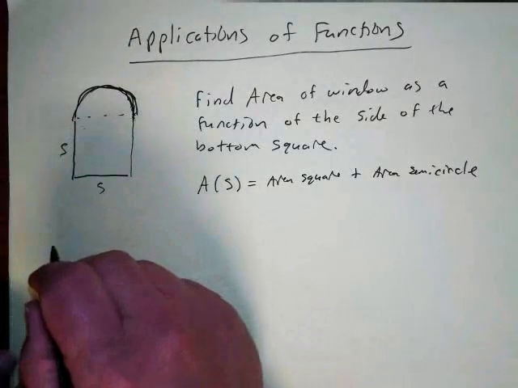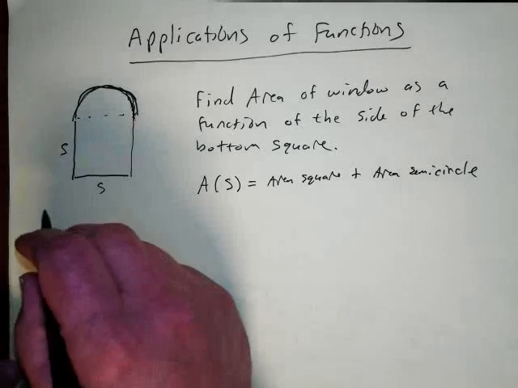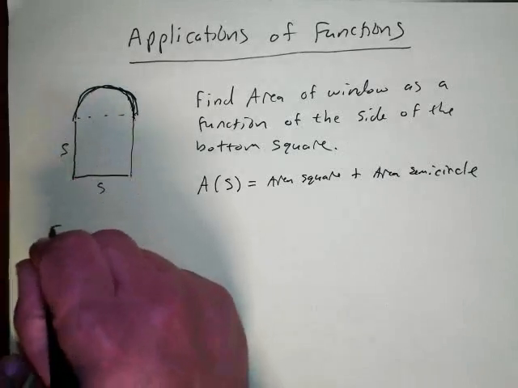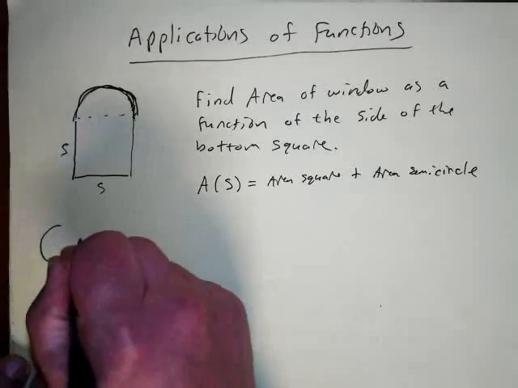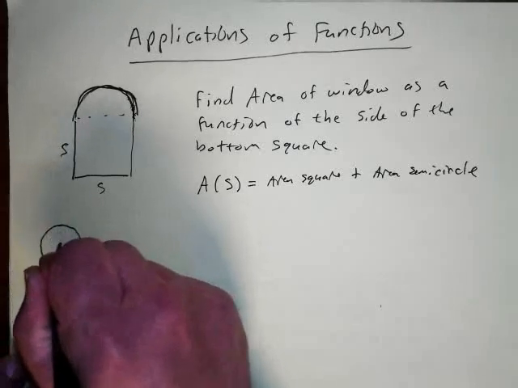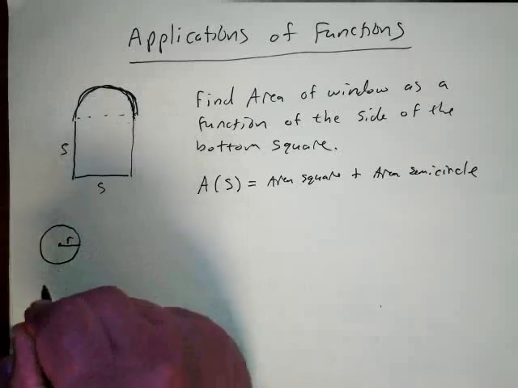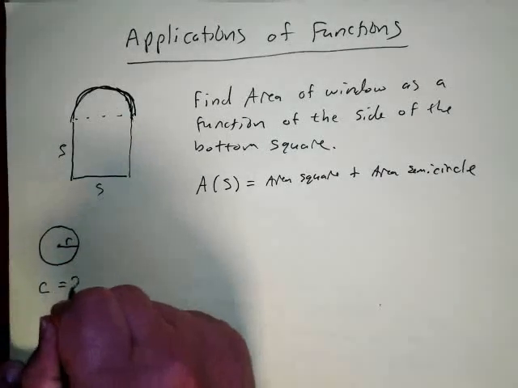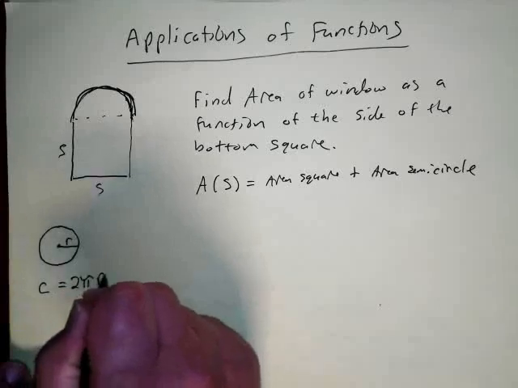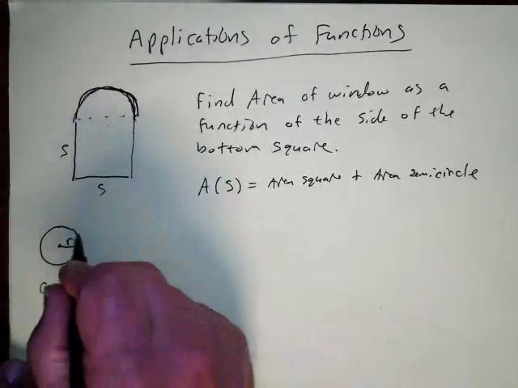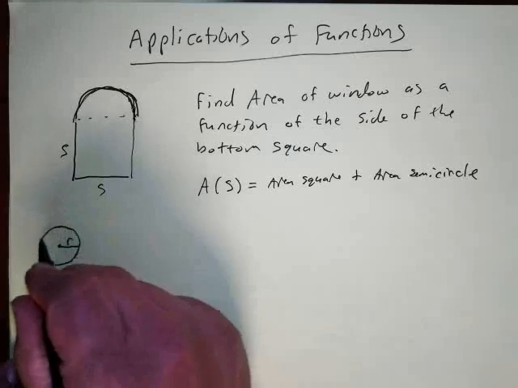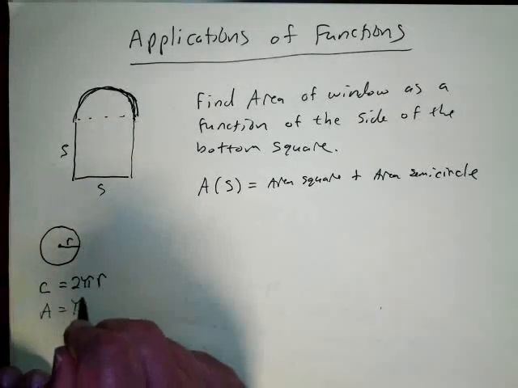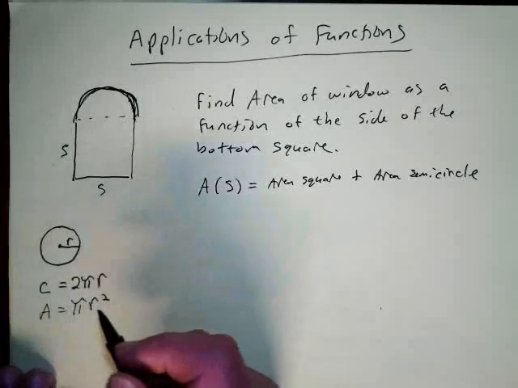Let's do a little bit of review here about the area and the circumference of a circle. If you have a circle with a radius of r, the circumference, which is the distance around the circle, is 2 pi times r. The area of the circle is just pi r squared.